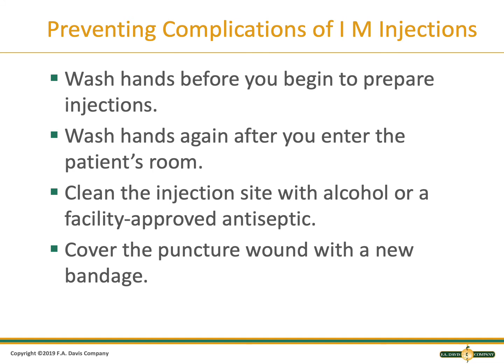Also with the IM injections and any other injection, you want to make sure you document the injection site. If when you aspirate with an IM injection, you aspirate blood, you want to withdraw the needle, dispose of the syringe, and begin all over again with a new dose and a new needle.